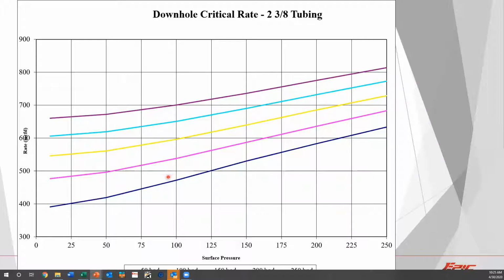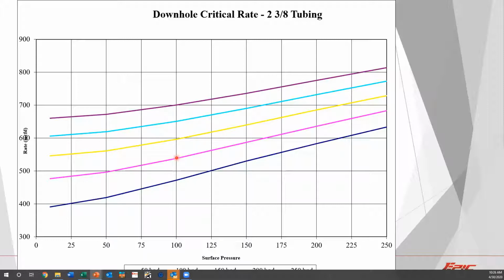If I have a well, for instance, that is making 100 barrels a day, this line right here, I've got 100 PSI flowing tubing pressure. So that means my critical rate downhole is approximately 530. So what I do for my GAPL system is I can now identify my target total gas rate, the minimum amount of gas that my bypass plunger is going to need to see for it to cycle.